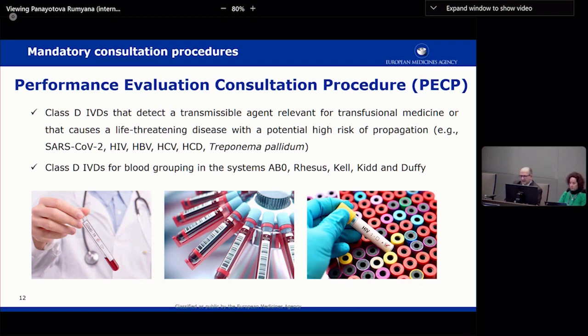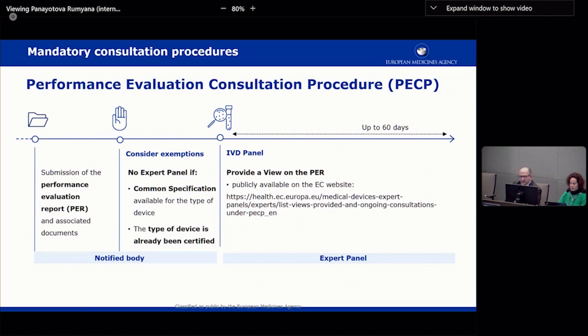The PECP is, as I've told you, mandatory for all class D IVDs, but it has some specific rules of exemption. Namely, if there are already common specifications available for that type of device.